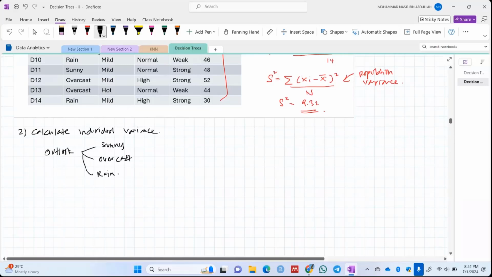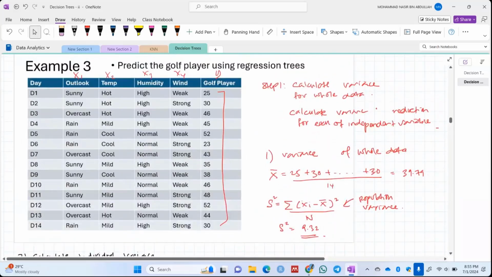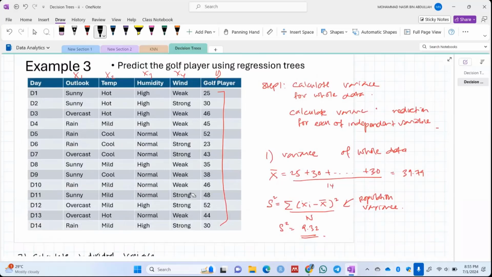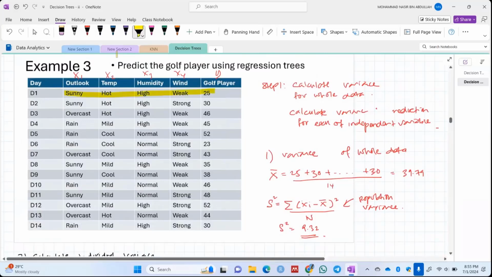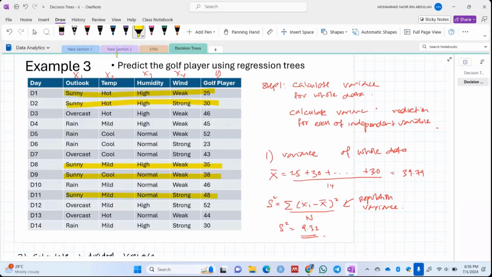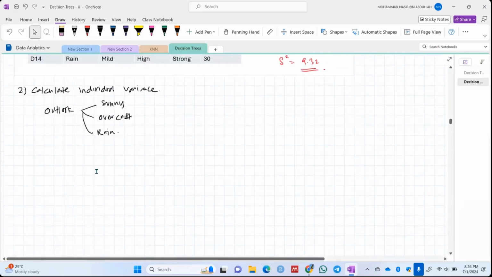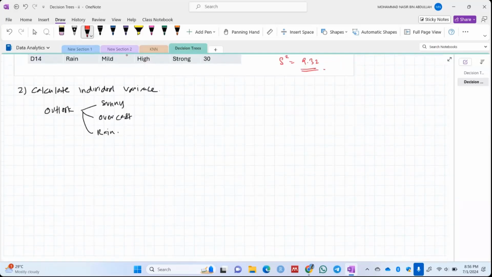You need to calculate the standard deviation or variance for sunny. Look at this one. We take the sunny values, so we will find the variance for 25, 30, 35, 38, 48.